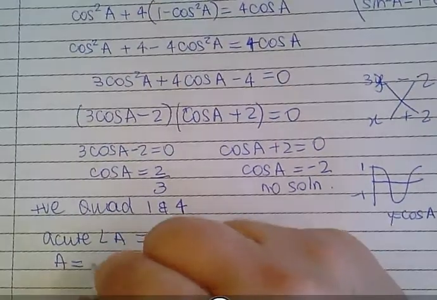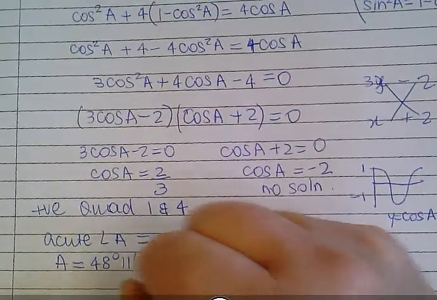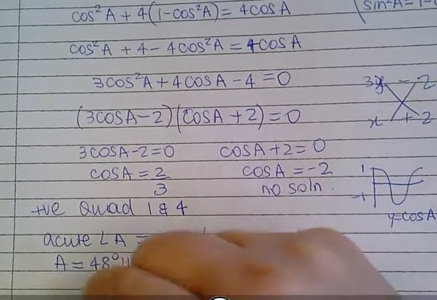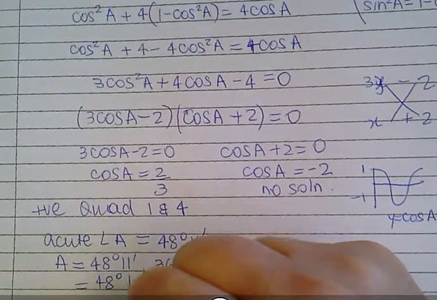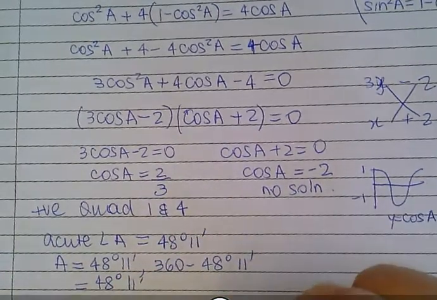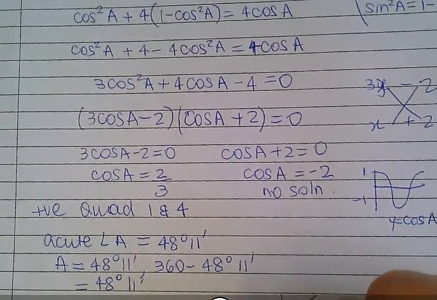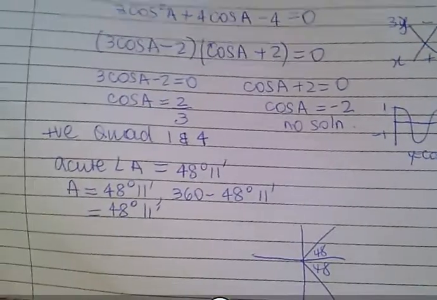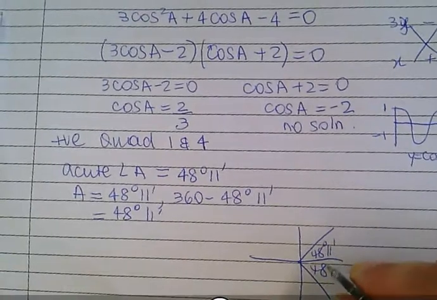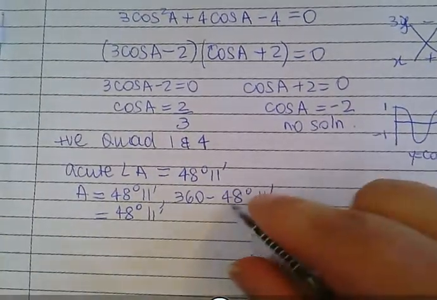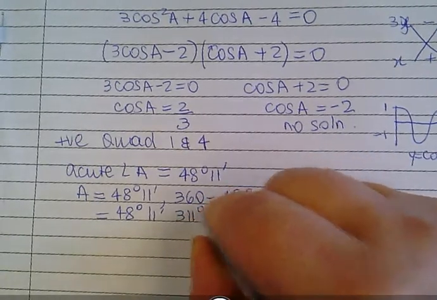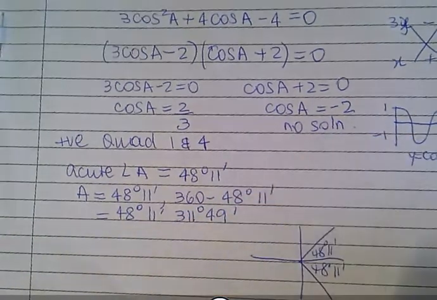A is 48 degrees 11 minutes and 360 minus 48 degrees 11 minutes. Sorry, I forgot my little diagram. Quadrant 1. I'll just put 48 in it, not 48 11. All right, or whatever. 360 minus that, 311 degrees 49 minutes. Okay.